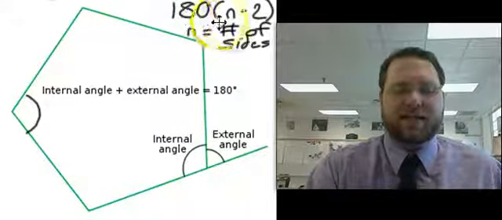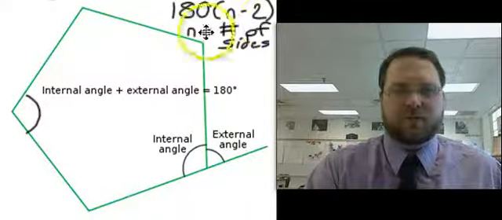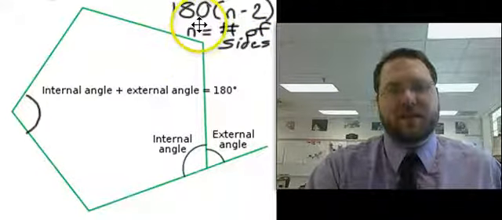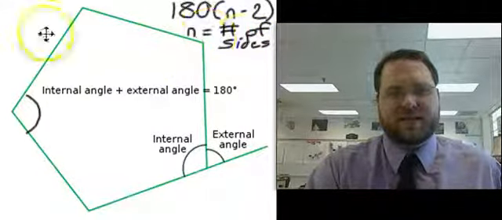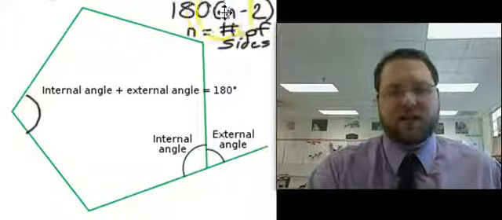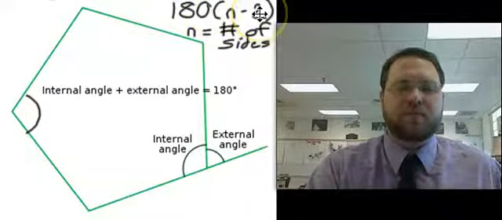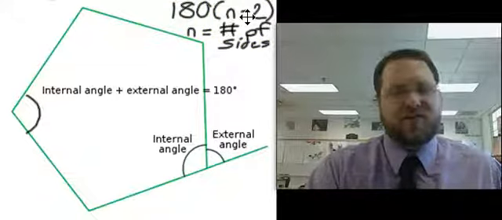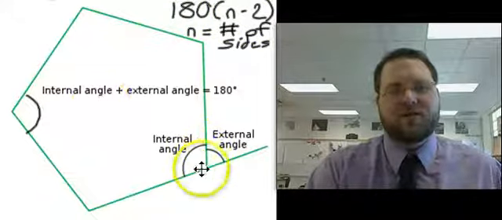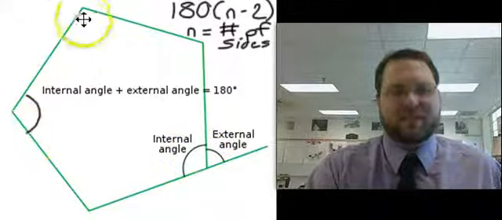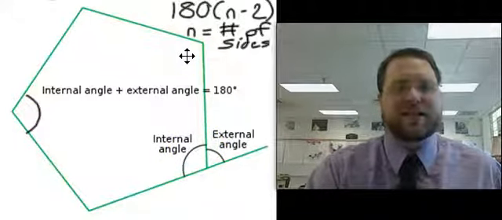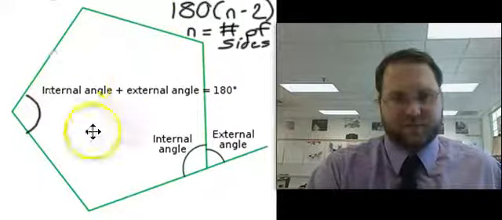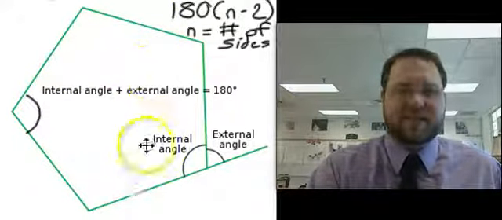It's 180 times n minus 2, where n is the number of sides. So if we take 180 times, this is a pentagon, so it has 5 sides, so 180 times 5 minus 2, that would give us 180 times 3, which is 540, which means if we add up all five of these angles, they will all add up to 540 degrees.